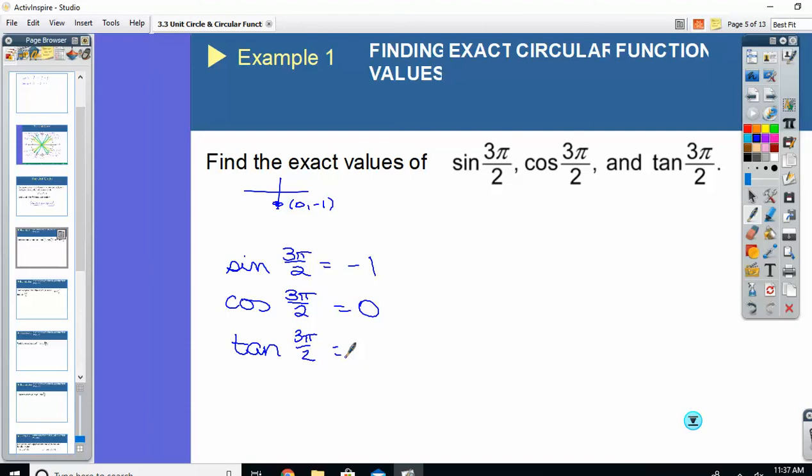So they're asking you the same thing. So sine divided by cosine, or y over x, you get undefined. If you know sine and cosine, you can answer any of the trig functions by doing reciprocals for secant and cosecant, and for tangent, sine over cosine.